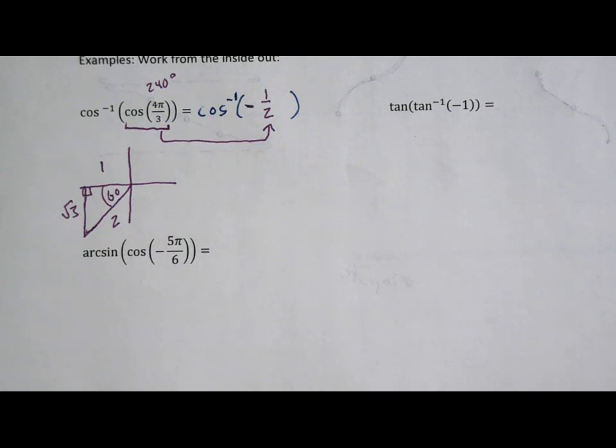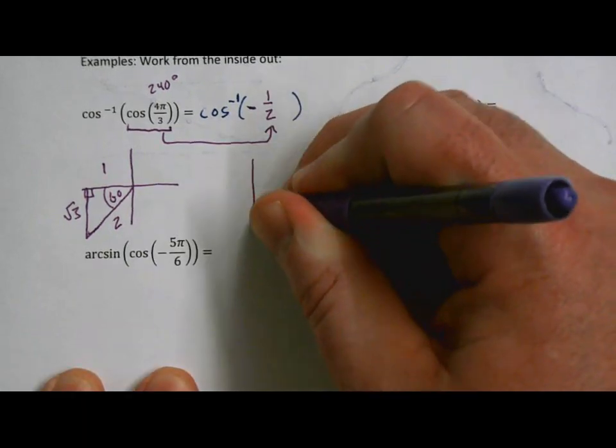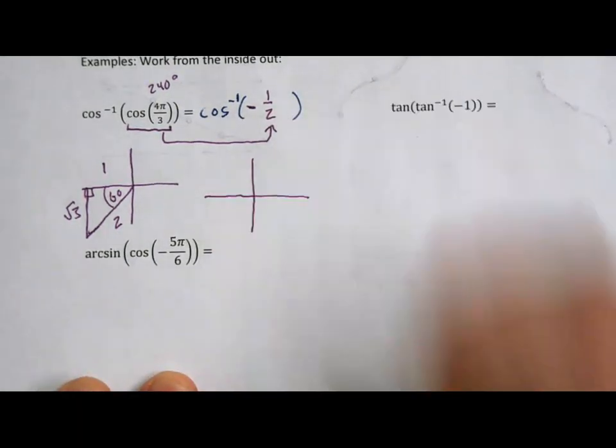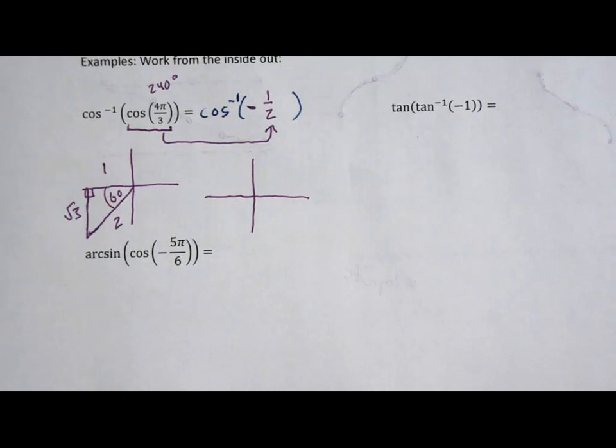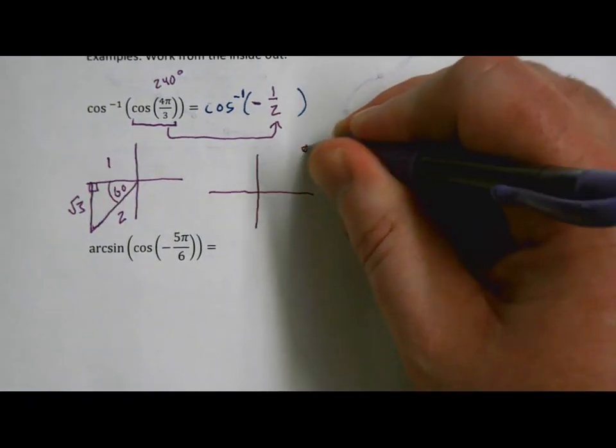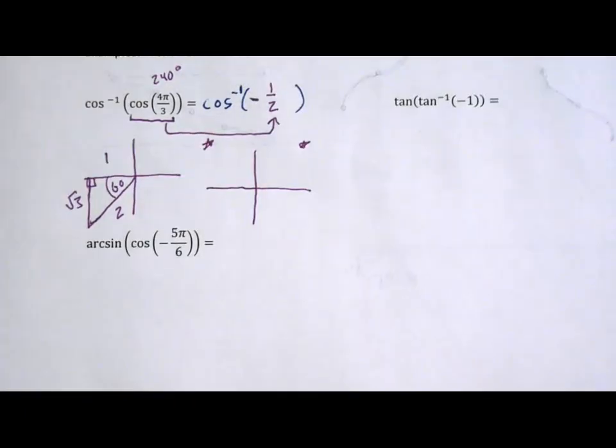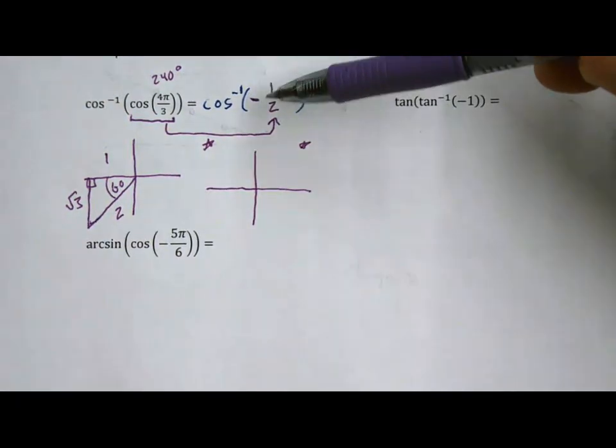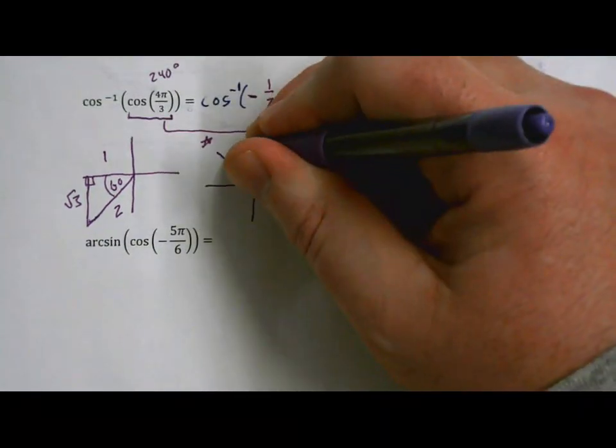We actually already did the inverse cosine of negative 1/2. It's a little further up the page, but I'm going to do it again, just for practice. So inverse cosine of negative 1/2. Inverse cosine must be in which two quadrants? First or second? Which one am I going to choose if my ratio is negative? The second one.